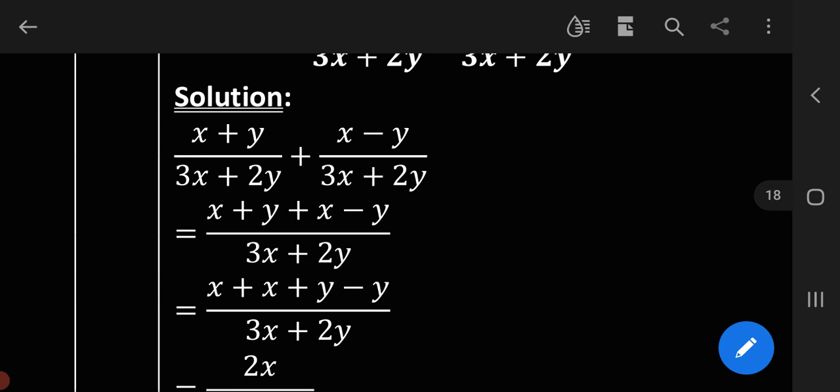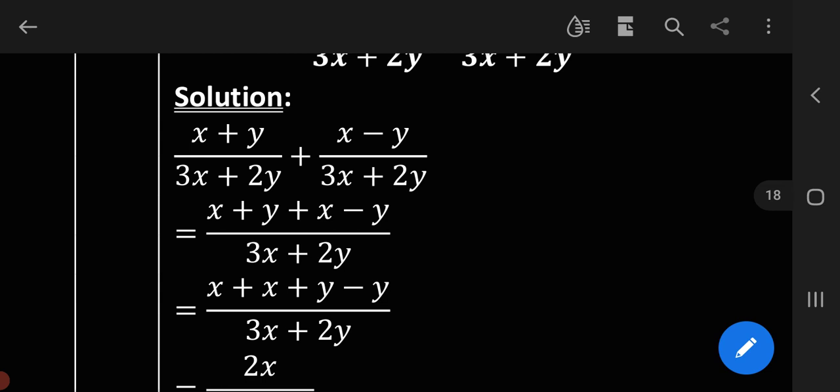So the LCM, by its mathematical formula, is equal to common factor multiplied by non-common factor of all the polynomials. Since in this question we have only two polynomials in the denominator, the left side is 3x plus 2y and the right side is again 3x plus 2y.